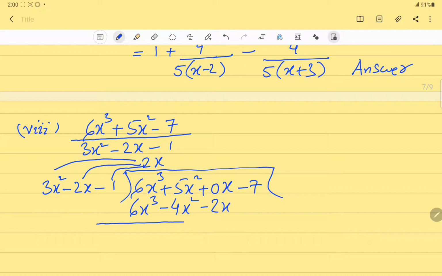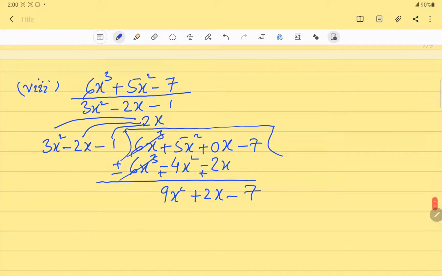When we subtract it, their sign will change. 6x cubed will cancel with minus 6x cubed. 5x squared plus 4x squared is 9x squared. 0x plus 2x is plus 2x, and we will bring down minus 7 as it is. Again we will be multiplying 3x squared with 3 to get 9x squared. So we will write here plus 3.